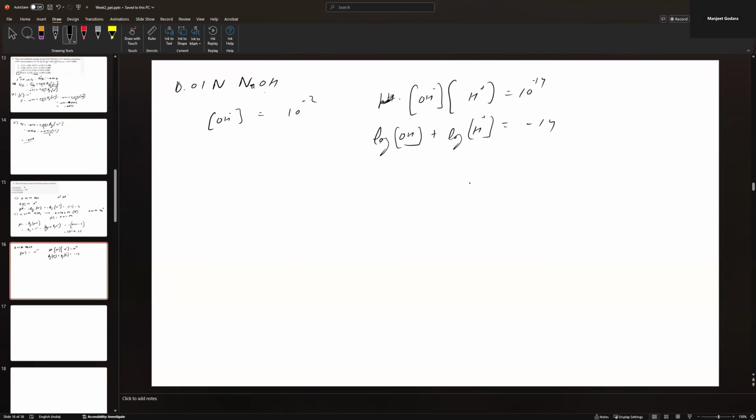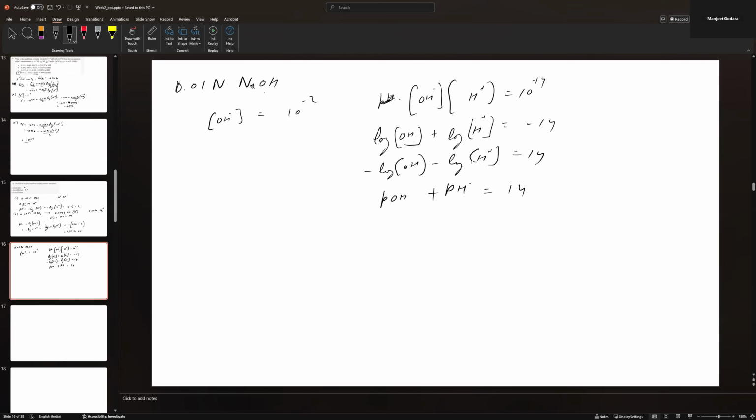Putting the minus on the other side, minus log of OH minus minus log of H plus is equal to 14. So we can write pOH plus pH is equal to 14.